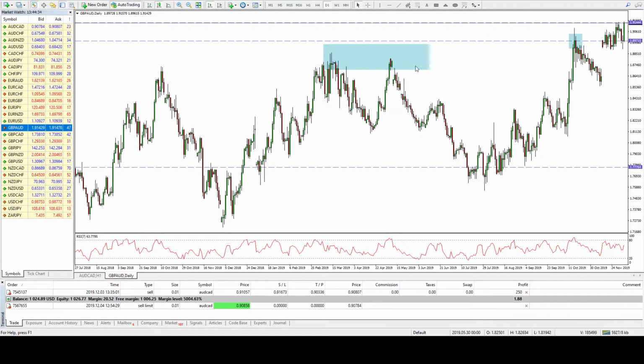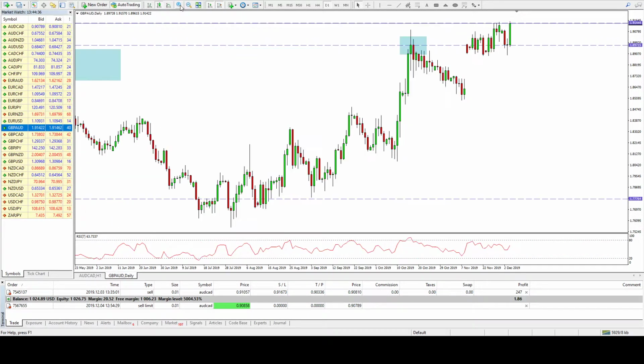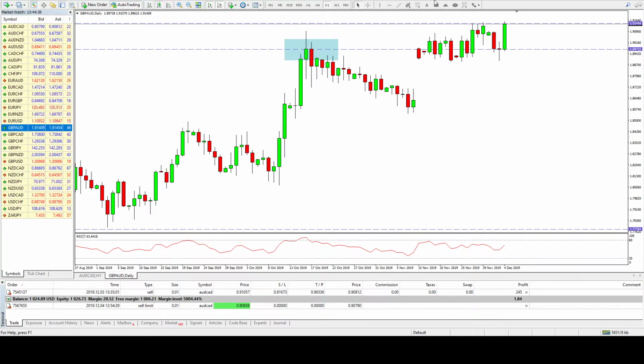As you can see there, let me zoom in. As you can see, the buy candles are extremely strong.